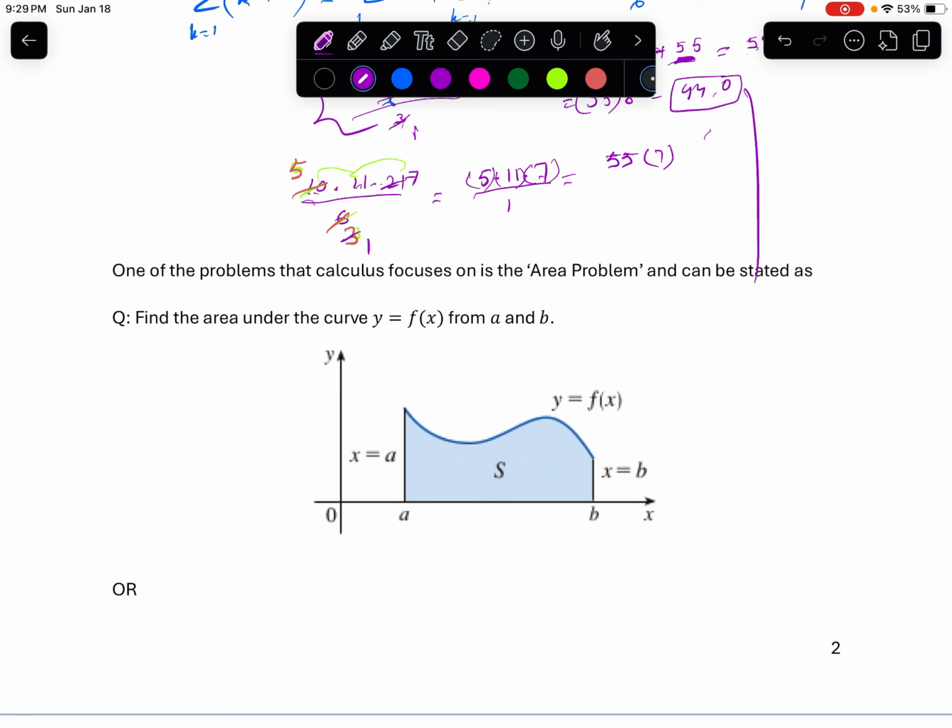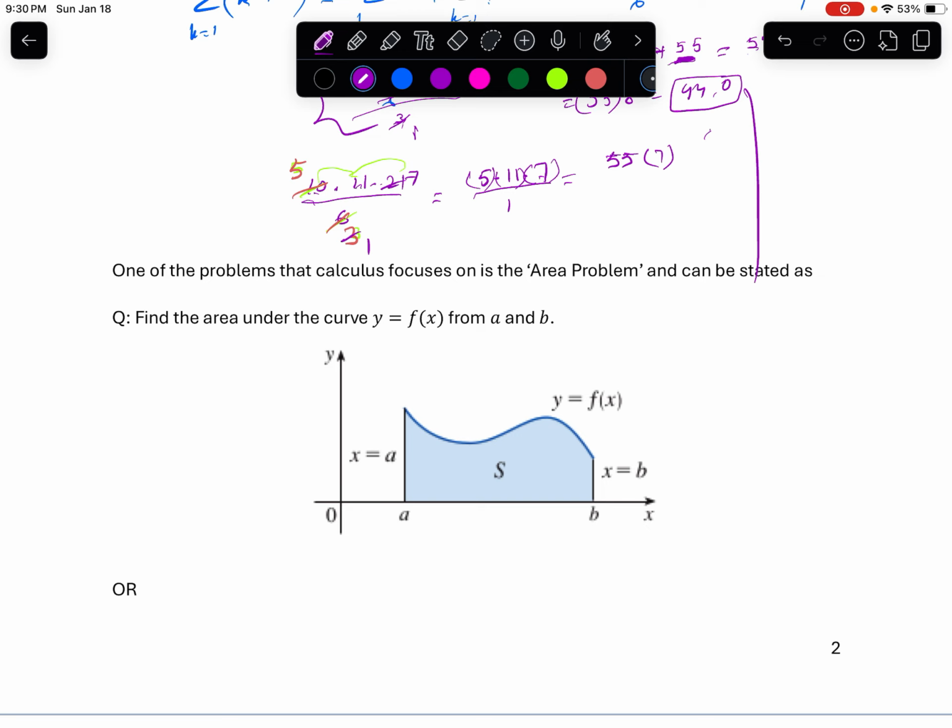So if we have a nice smooth geometrical figure which we are familiar with, like a square, a rectangle, a symmetric or regular polygon, a triangle, or a trapezium, in all these cases we have formulas which we can use to find the area of these objects or of these shapes.